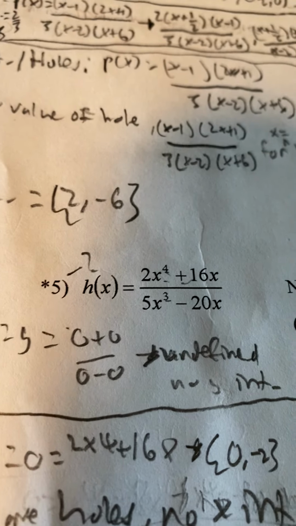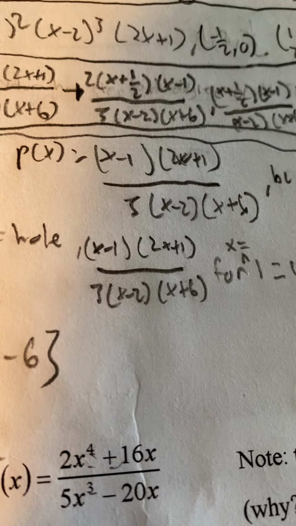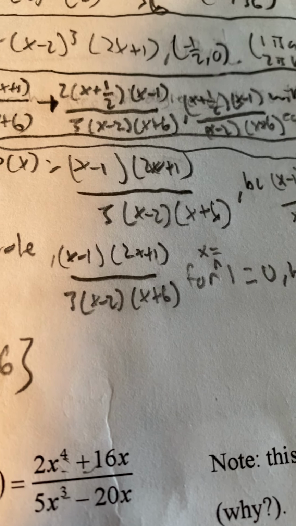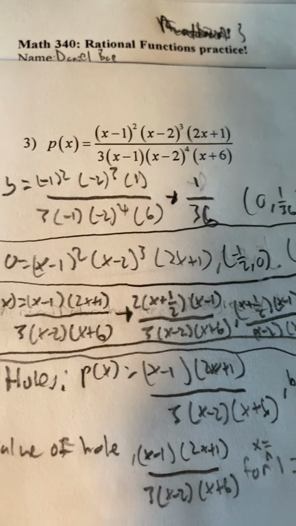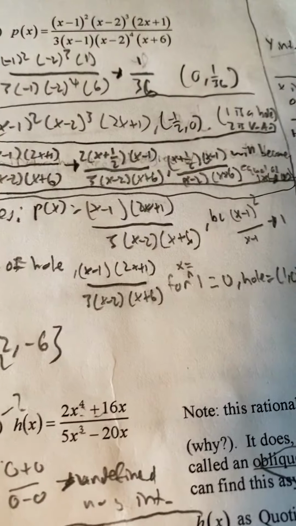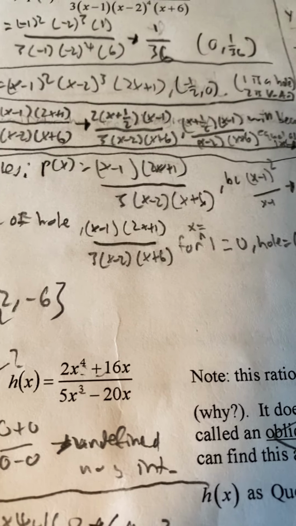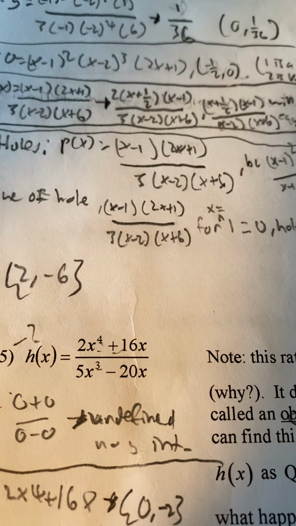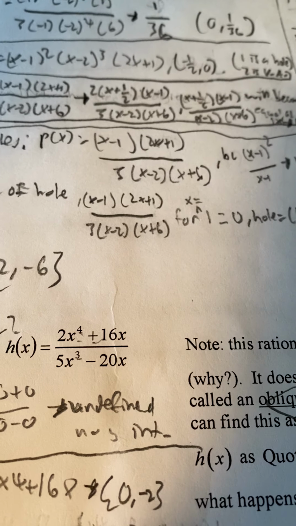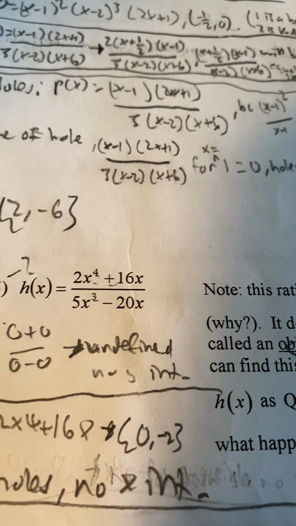But then after that, I had (x minus 1) over (2x plus 1) over 3 times (x minus 2), because I divided both sides by (x minus 2) to the third and (x minus 1). And then I got 3 times (x minus 2). Then I got this equation, (x minus 1) times (2x plus 1) over 3 times (x minus 2)(x plus 6). And then from this, you can tell that the vertical asymptotes are 2 and negative 6. And that's what I got.